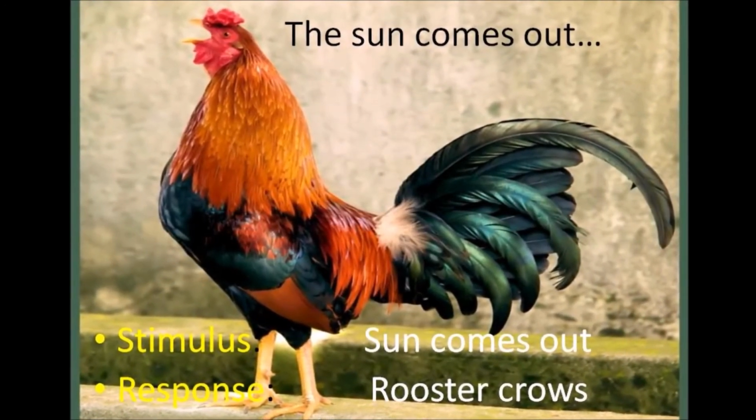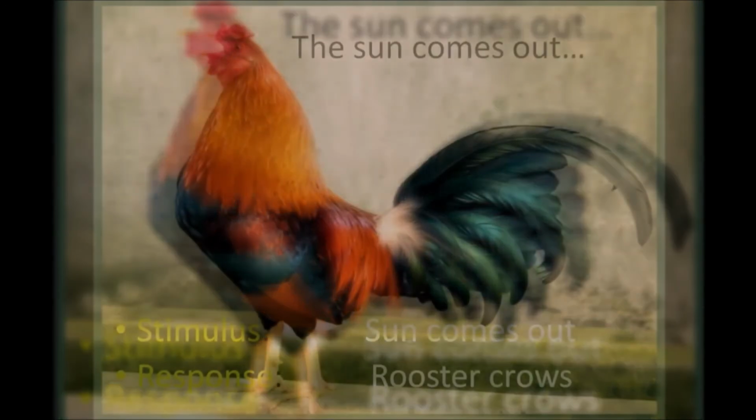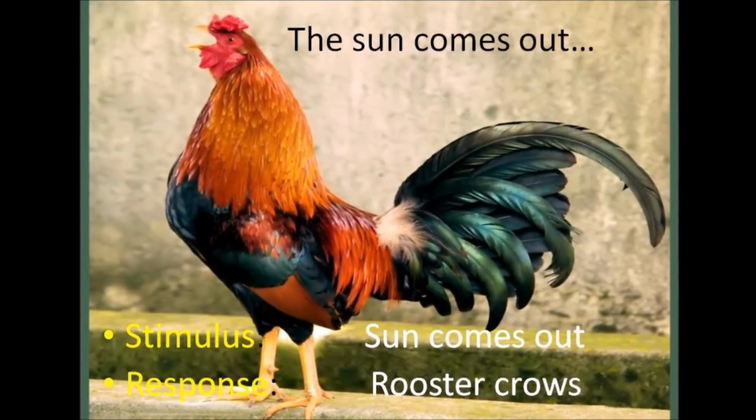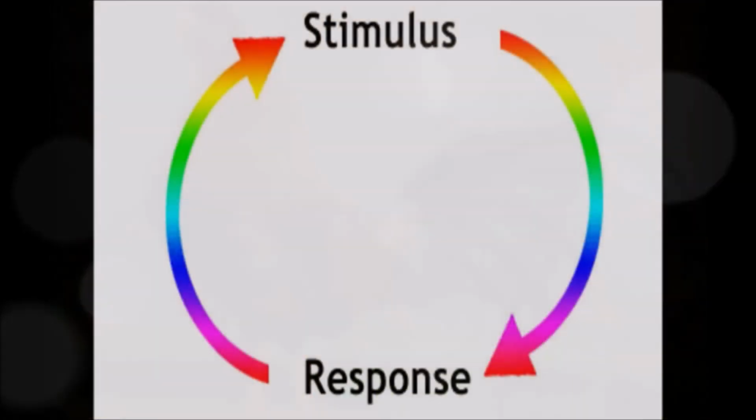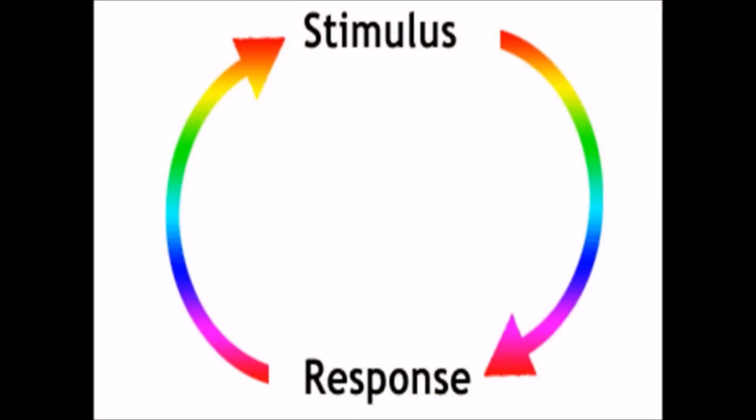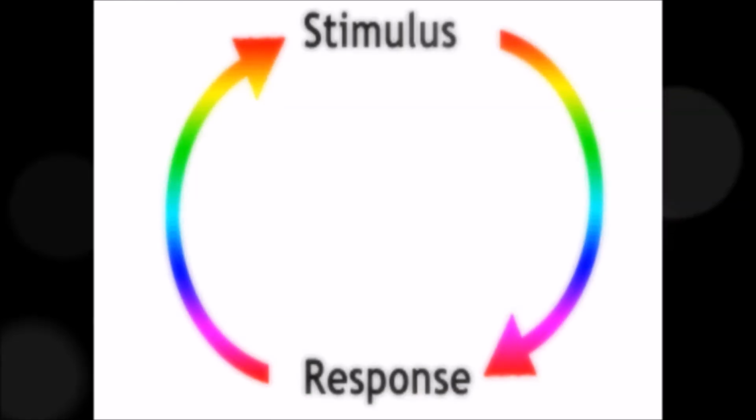The sun comes out. The stimulus is sun comes out. Response is rooster crows. So it is a circular connection. Because there is a stimulus you respond, and because there is a response there is a stimulus too.